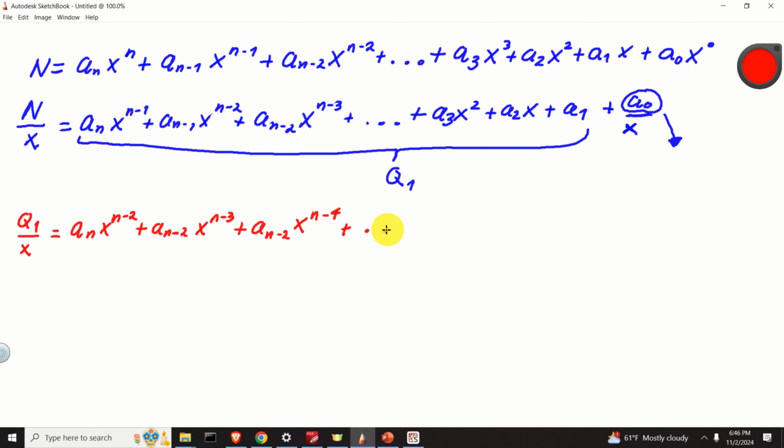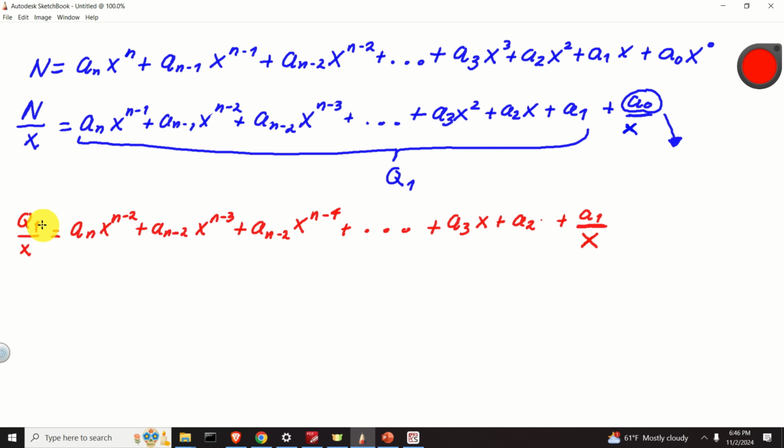And then if we sum all the terms, we will have a3 x plus a2 multiplying nothing, or better to say multiplying 1, plus a1 divided by x.